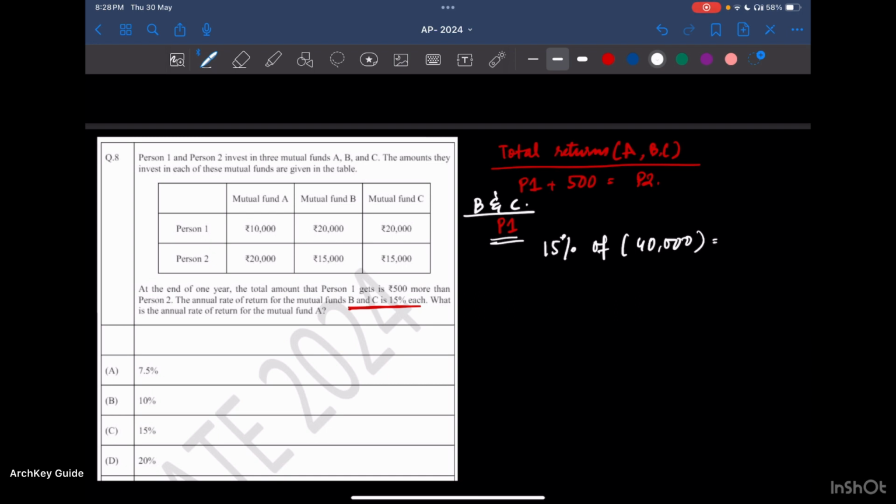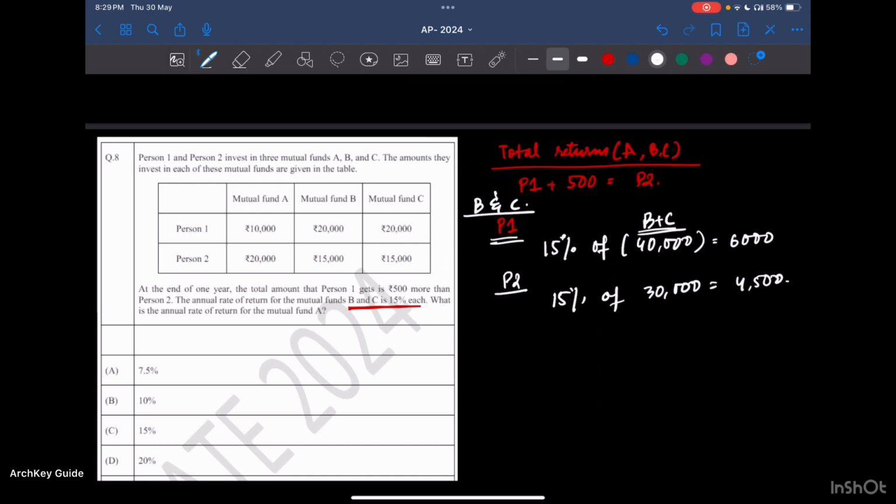This would give you how much? 6,000. And for Person 2, 15% of B plus C. Do not get confused. It's going to be 30,000, which would be how much? 4,500.